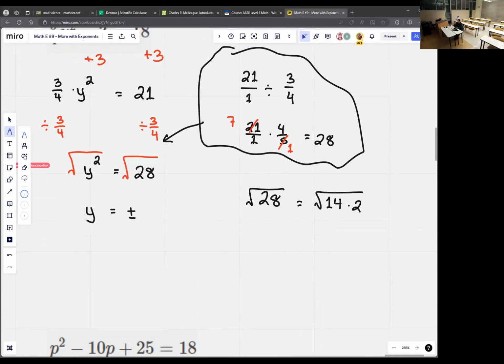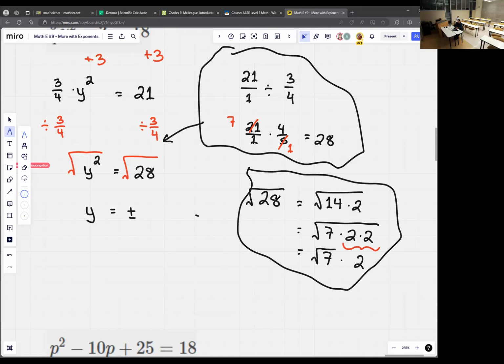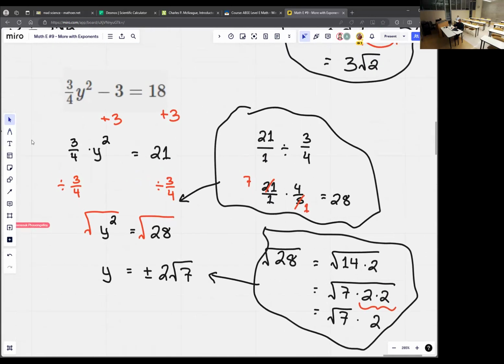That doesn't help me. I can take the 14 and make it 7 times 2. And then I can say the 7 stays inside the square root. But there's 2 2's, so they get to hop outside. And I'm done. Let me make it so it's pretty much all on the screen. Okay, questions about that one?